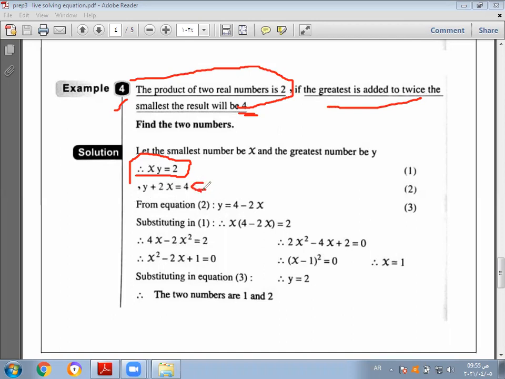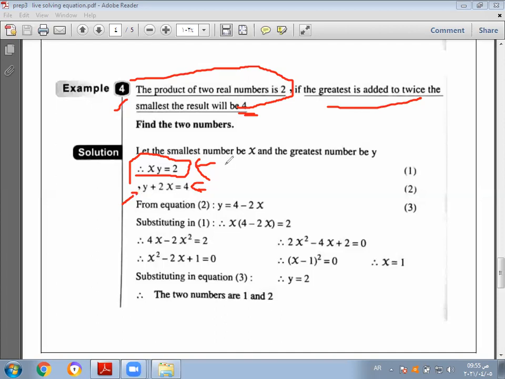So now we have two equations. One of them is first degree and the other is second degree, and the two equations have two variables. What is the second degree? The second degree is xy equals 2. This equation is second degree and this equation is first degree.